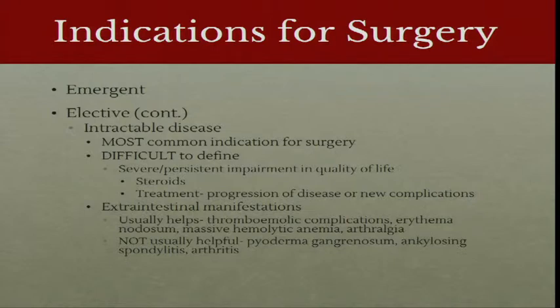The other thing that's a bit more difficult is determining when to operate on people if it's just difficult to manage their UC, like when you pull the cord. The other thing that's annoying with this is if it's difficult to manage their UC, that means they're not taking a diet well, they're having many bloody bowel movements a day, they're getting more and more deconditioned, they're having to be on steroids, all this stuff. So that patient's looking even less like an operative candidate.